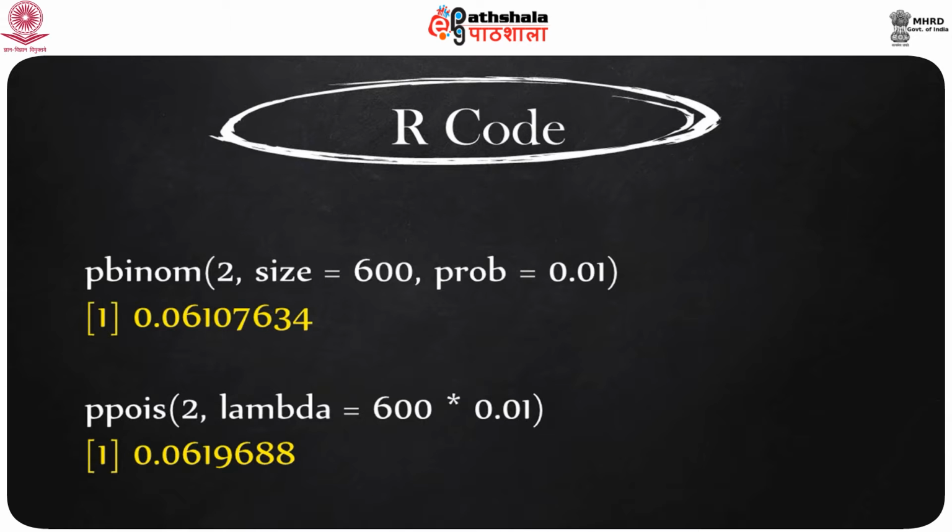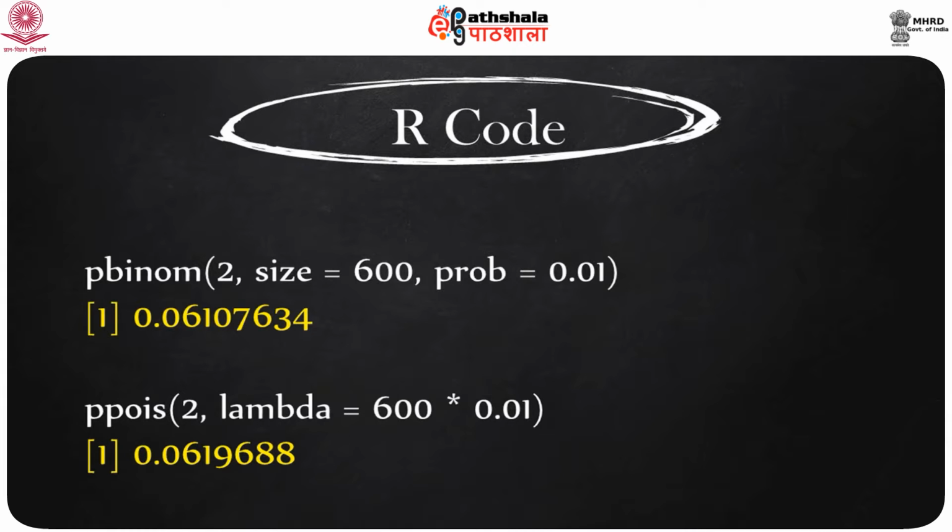Here we are using the command pbinom(2, size=600, prob=0.01), and we get the probability 0.06107634, as you can see from the slide as well.